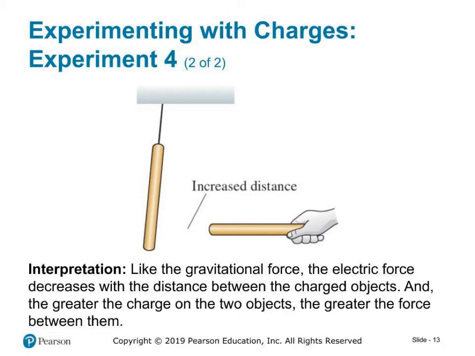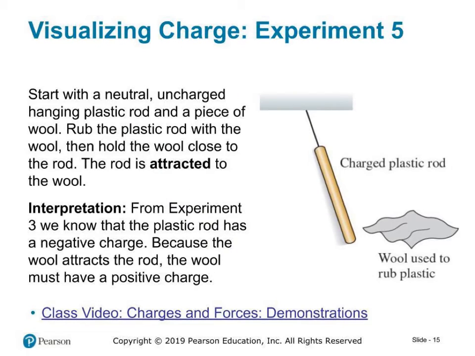So what that tells us is that the force between the two things is based on distance. As distance decreases, the force increases, and as the distance increases, the force decreases. It's an inverse relationship.